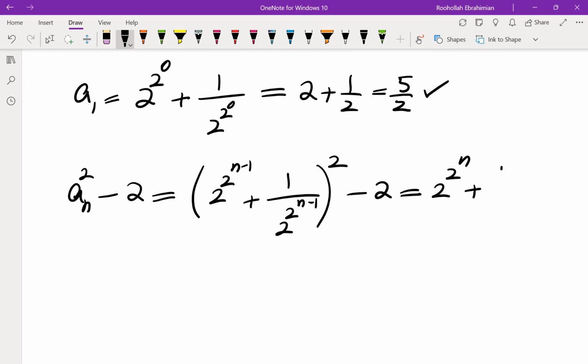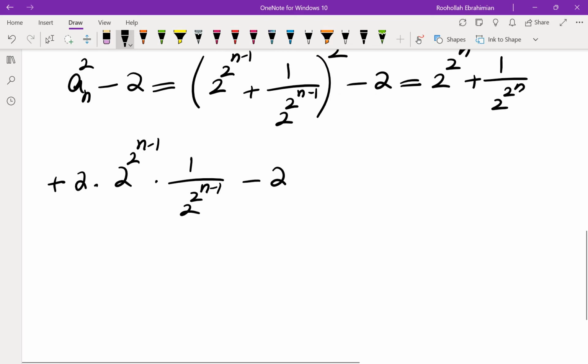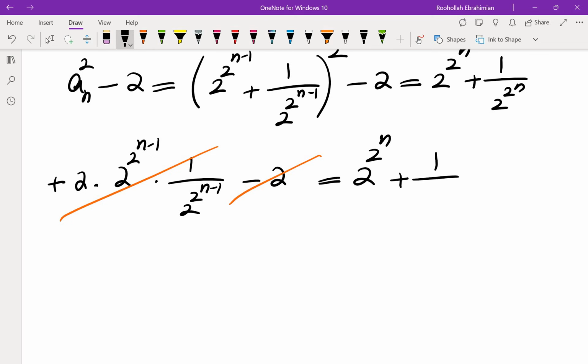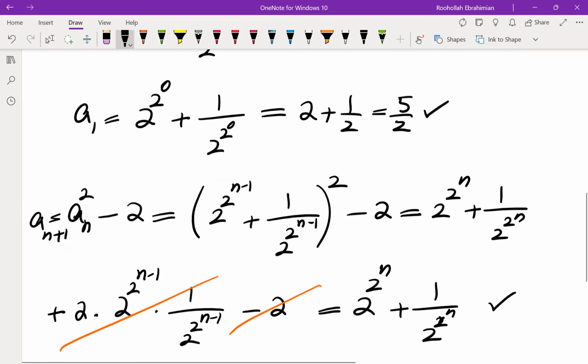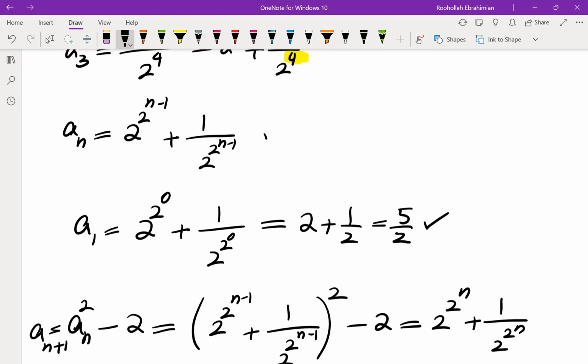The second one squared gives you 1 over 2 to the power of 2 to the power of n, and then plus twice the product of the two numbers, 2 to the power of 2 to the power of n minus 1 and 1 over 2 to the power of 2 to the power of n minus 1, and then of course minus 2. So clearly these two cancel, and we get exactly the next term, which is 2 to the power of 2 to the power of n plus 1 over 2 to the power of 2 to the power of n. And this was a sub n plus 1, so that in fact matches what we found here.